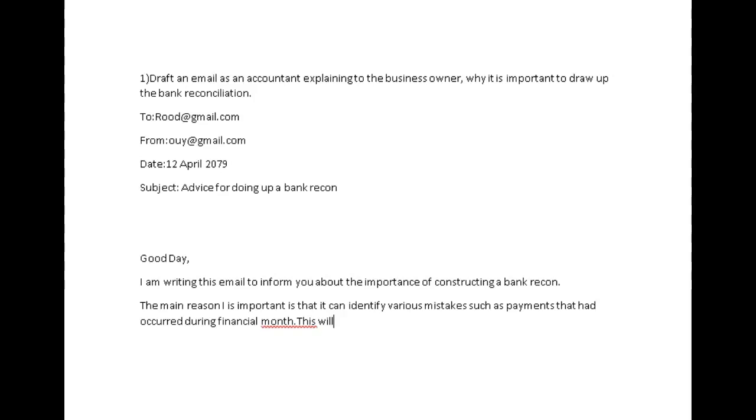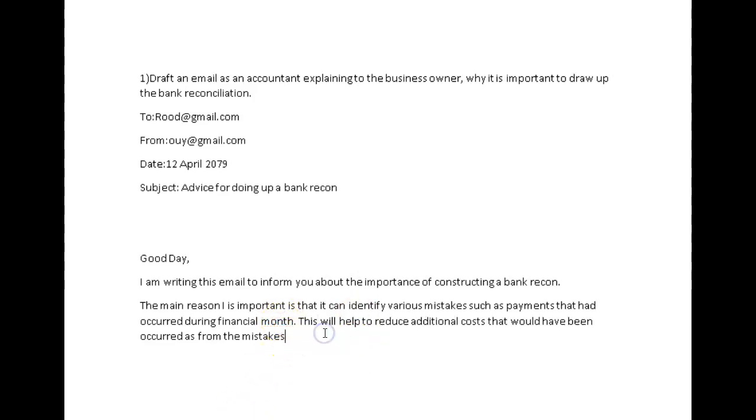This will help to reduce additional costs that would have been occurred as from the mistakes. Okay, so that's how you do it, right?